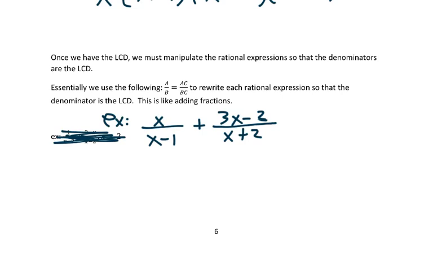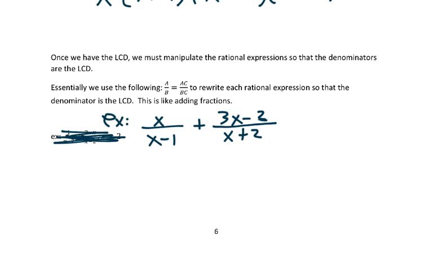And whatever you multiply the bottom by, you have to multiply the numerator by as well. That's what I'm trying to say over here. So just like with fractions of integers, if you multiply the denominator by something, you must multiply the numerator by the same thing. And that is what we're going to do in this example.